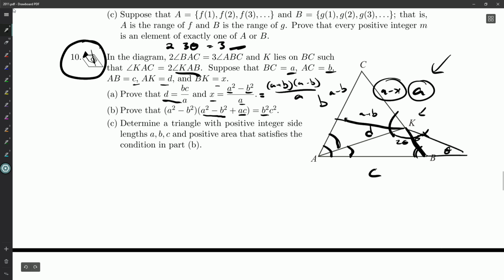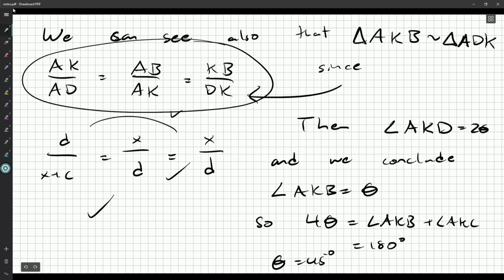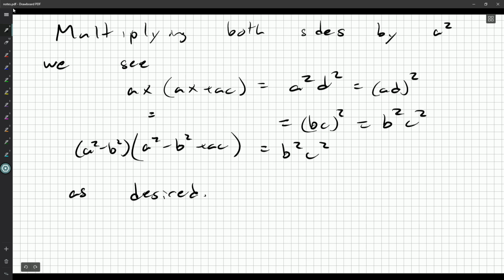Wait, maybe when I extend it, they don't look right. So am I just wrong with this similarity here? Am I missing something?